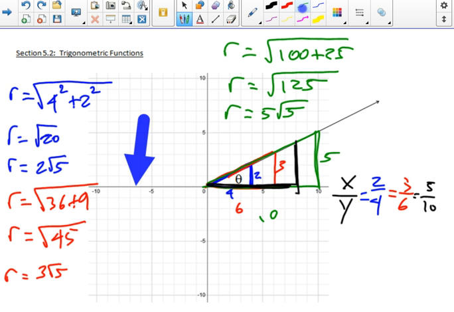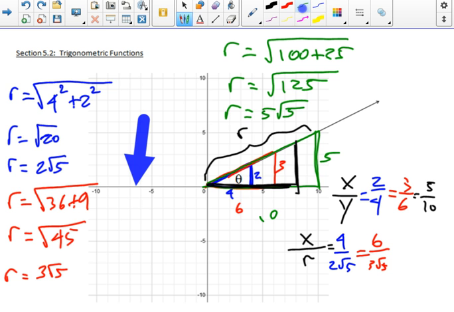Also, it's not just the legs. You could pick a different combination. Remember, we call this side here r, the hypotenuse, so no matter where your r is, let's go x over r. What would it be for the blue triangle? For the blue triangle, that would be 4 over 2 square root of 5. For the red triangle, that would be 6 over 3 square root of 5.